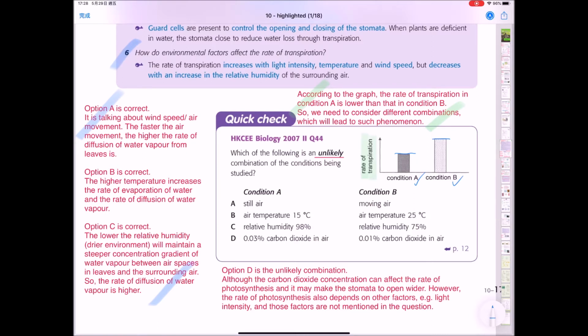By comparing the rate of transpiration, we need to know which of A, B, C, D is unlikely a correct combination of the environmental factors.